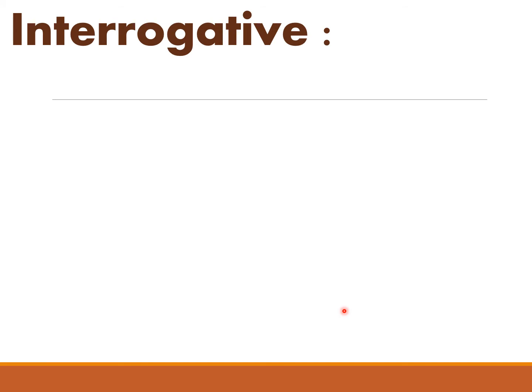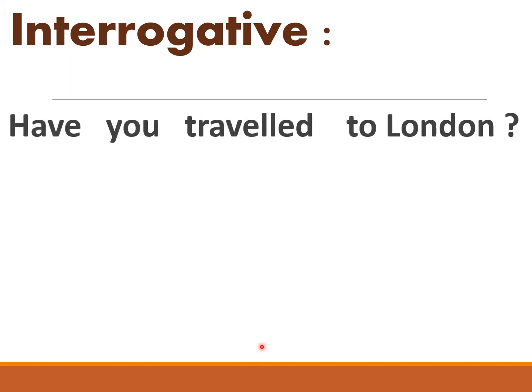Now what about the interrogative form? How can we make a question with present perfect? Yes or no question. We have to start with the helping verb, have or has. Look at this example. This is a question in present perfect. Have you traveled to London?